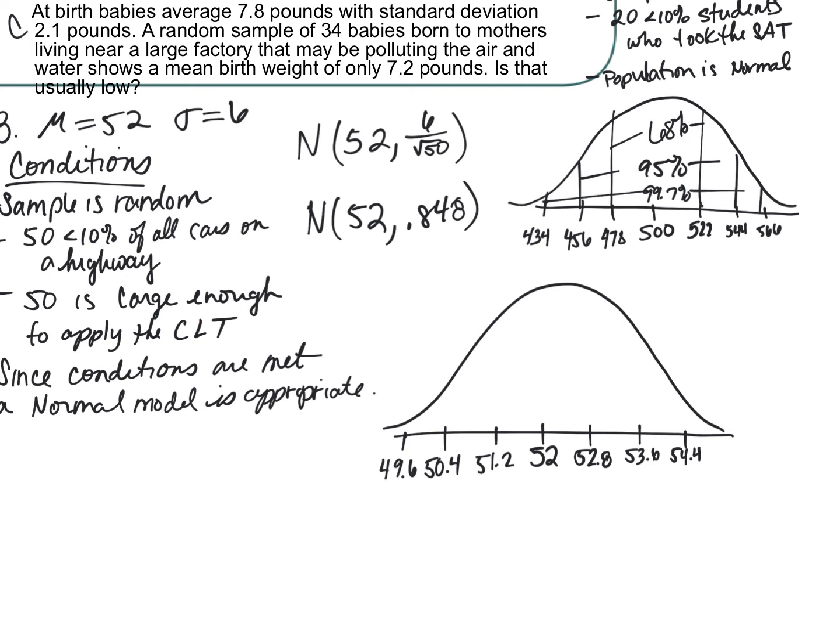But if I take a sample of 50 cars and find the average speed of those 50 cars, that distribution of a sample size of 50 has a much smaller standard deviation of 0.848. The standard deviation of the population is not the same as the standard deviation of the sample mean. I'm taking a mean of 50 cars, right?